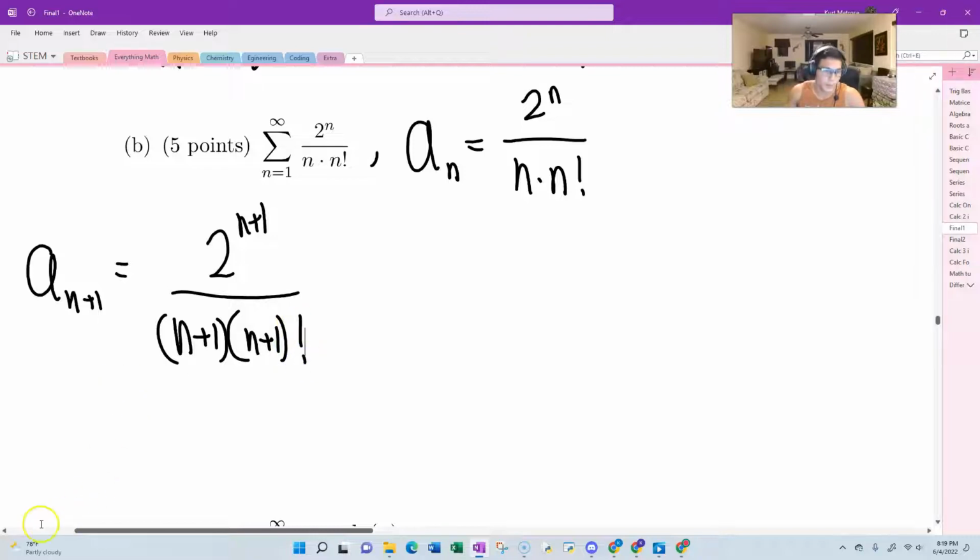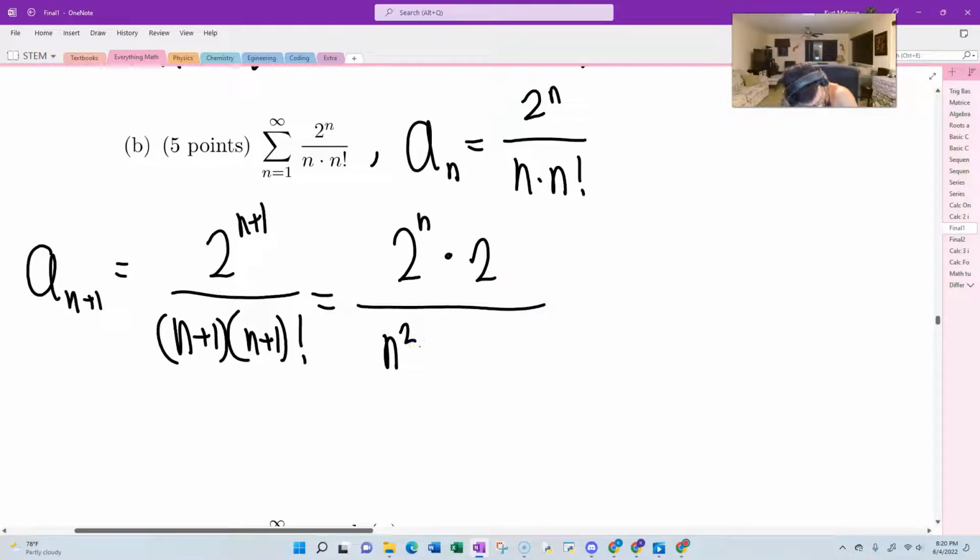Okay, so let's write this out. This is the same thing as 2n times 2, and this would be n squared. Let's just write it as n plus 1, n plus 1 factorial.